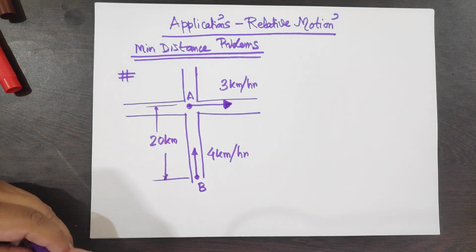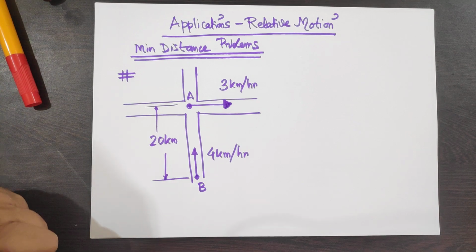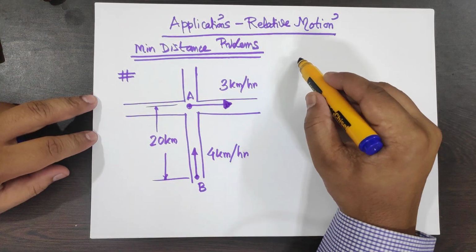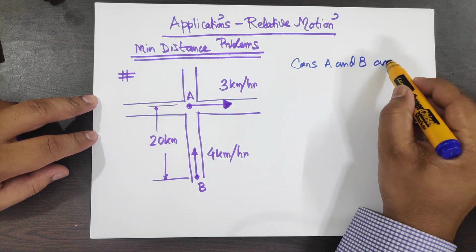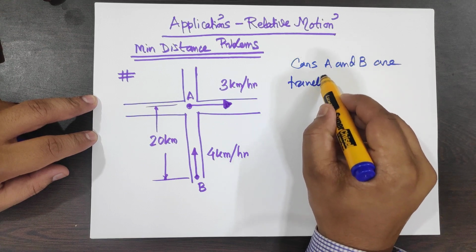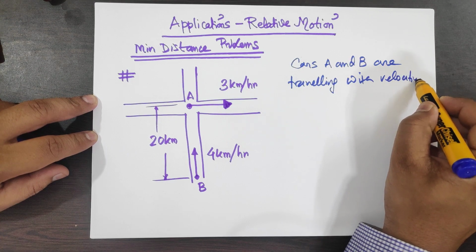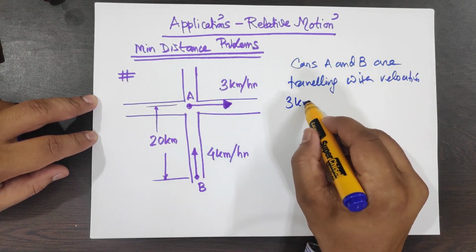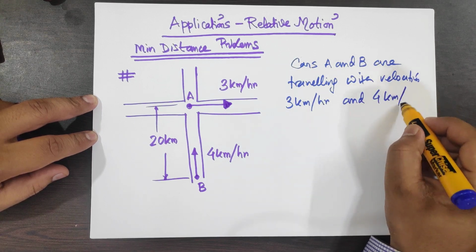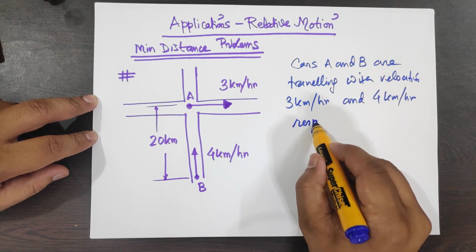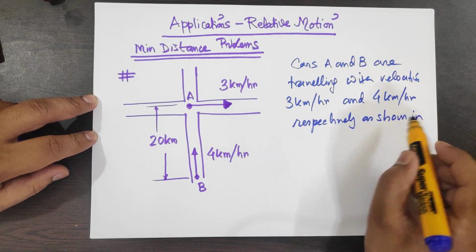So let us write the statement of the problem. Cars A and B are traveling with velocities 3 kilometer per hour and 4 kilometer per hour respectively, as shown in the figure.